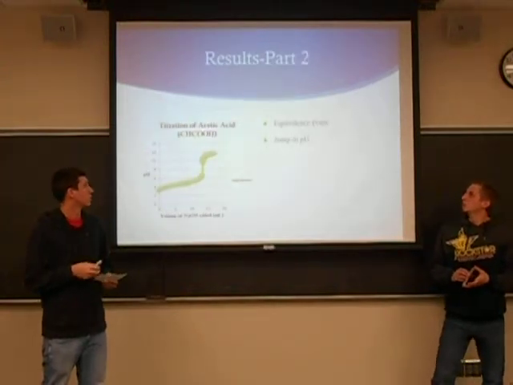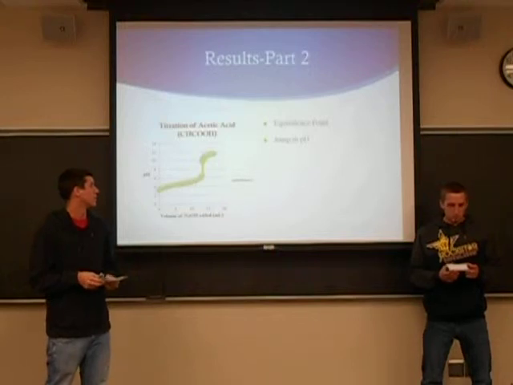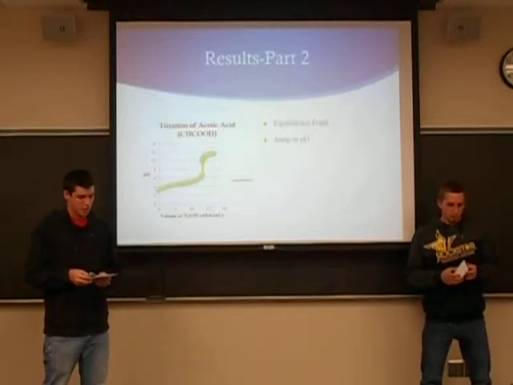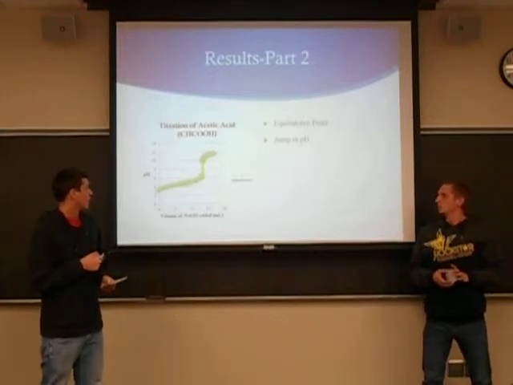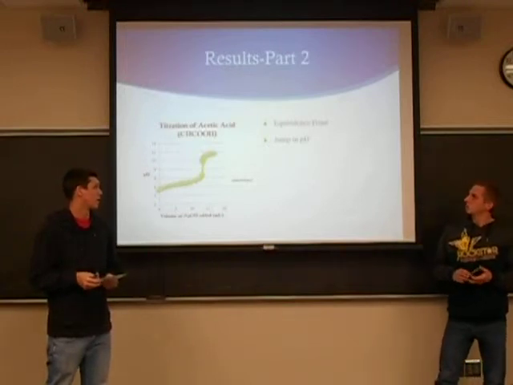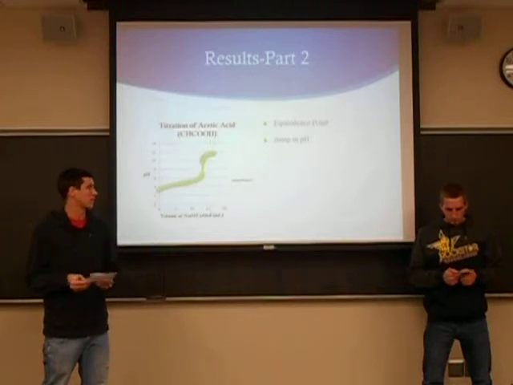For part 2, it was the strong base and weak acid, and this was acetic acid, CH3COOH. And the equivalence point this time was right here, around 13 milliliters added, and this was a little higher than the strong acid because weak acid isn't as strong, obviously.